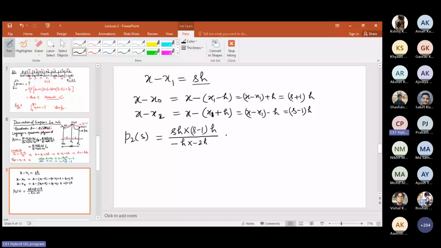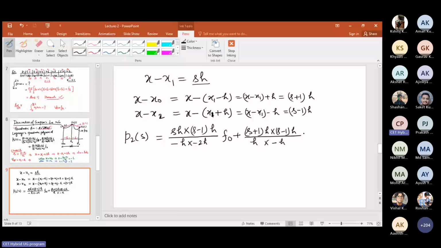And then the final value f0 plus x minus x0. x minus x0 is s plus 1 h. x minus x2 is s minus 1 h, divided by x1 minus x0, that is h, and x1 minus x2, that is minus h.